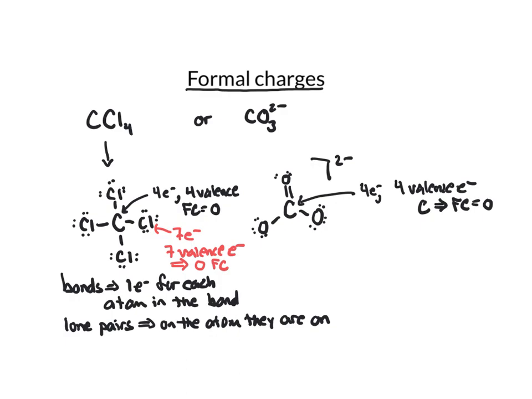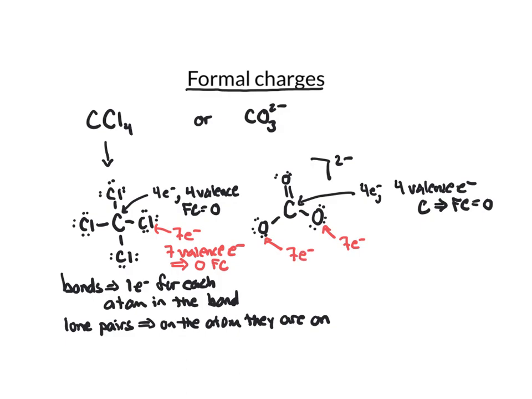If I look at the oxygens in this structure, I can see that each oxygen that is singly bonded has 1, 2, 3, 4, 5, 6, 7 electrons in this structure. So this oxygen atom has 7 electrons, and this one, which is exactly the same configuration as this one, also has 7 electrons in this structure.